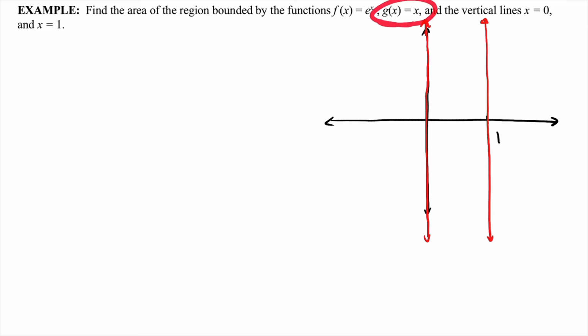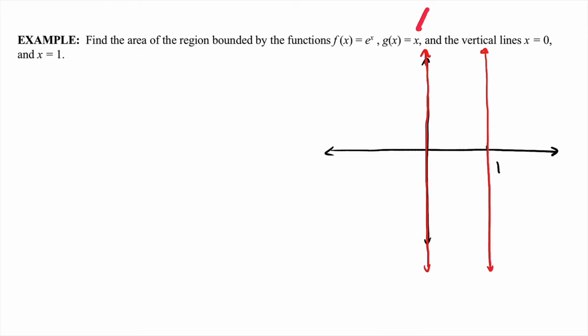For g of x, whatever x is, y is going to be. So at 0, it's going to be 0, and at positive 1, it's going to be positive 1. I'm not concerned with what happens after, because it has to be within those two vertical lines, 0 and 1. That's g of x.